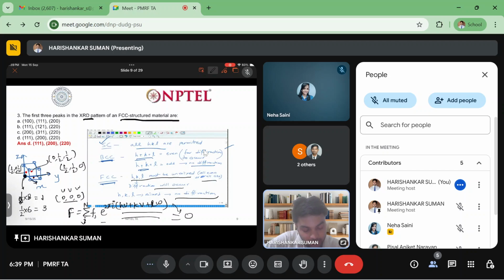So let's see. Check these numbers yourself first. This is odd, even. Similarly you have to find out the first three peaks. Also remember the first three peaks for the FCC.